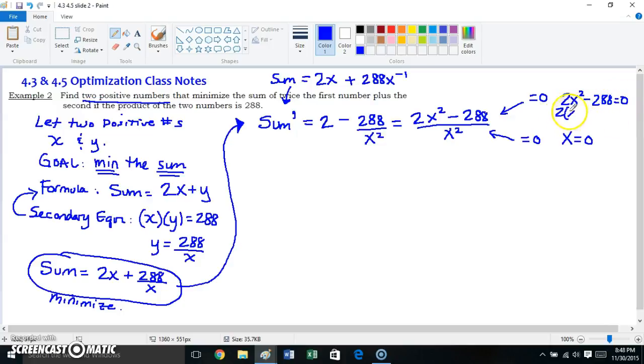That's the same as 2 times x squared minus 144, which is also the same as a factor, x minus 12 and x plus 12. And that's going to give us zeros of the numerator as positive and negative 12. So my critical numbers are positive and negative 12 and 0.